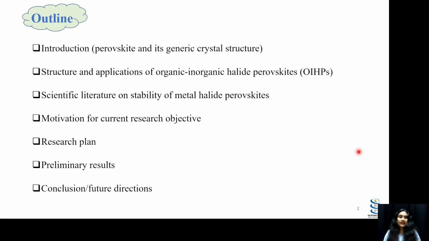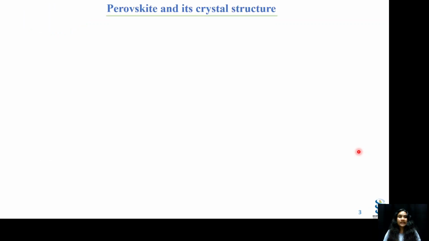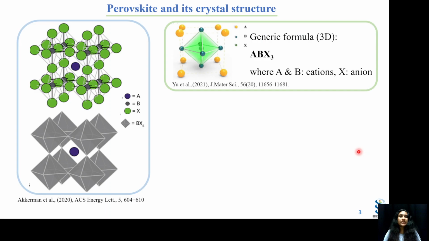Let's start from the basics about the crystalline structure of perovskite. So perovskite is a crystalline material with the generic formula ABX3, where A and B are cations and X is an anion. Here you see a graphical representation of the crystalline structure of three-dimensional perovskite.